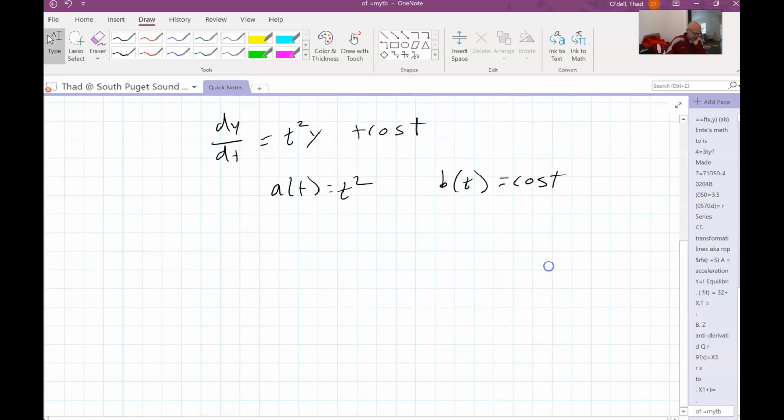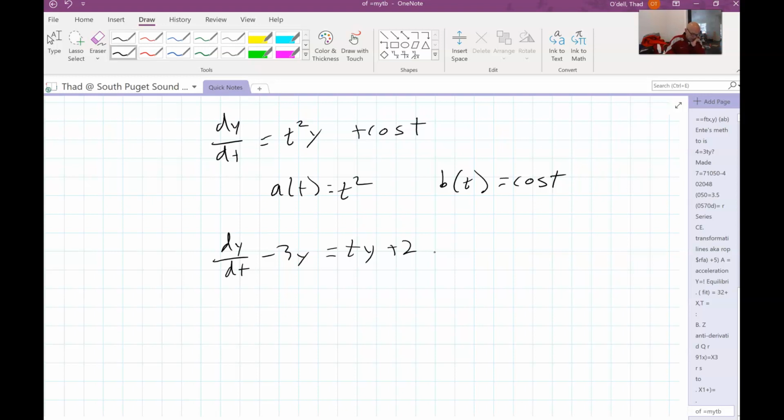Sometimes they'll come in non-explicit form. For example, if I had dy/dt minus 3y is equal to t times y plus 2, that would be implicit because the independent and dependent variable are mixed in together.